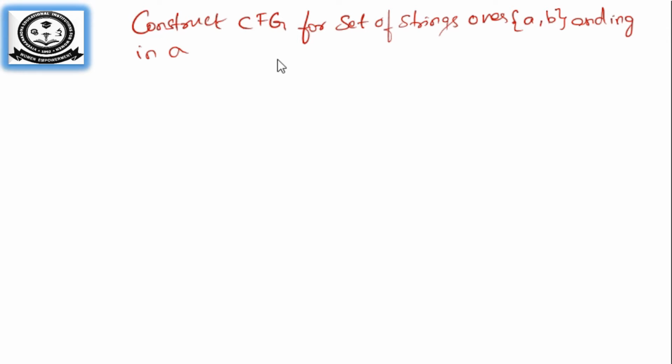The next problem is we have to construct a context-free grammar for a set of strings over a and b that end with a. First we'll see what the language generated is. It has to end with a. So you can have a, but you can't have b alone.